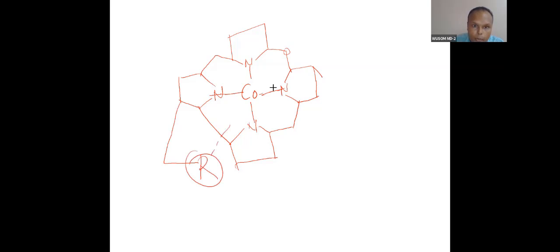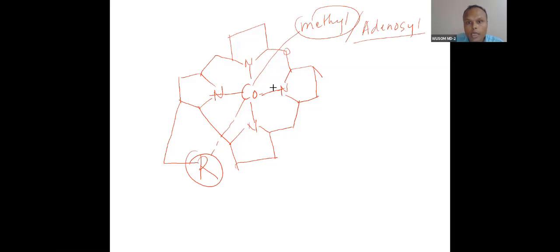This organic compound binds here, and then one additional group will bind either methyl, based on which it becomes methylcobalamin, or it can bind adenosyl. So methylcobalamin is required for the enzyme called methionine synthase, and adenosylcobalamin is required for the enzyme called methylmalonyl coenzyme A mutase.